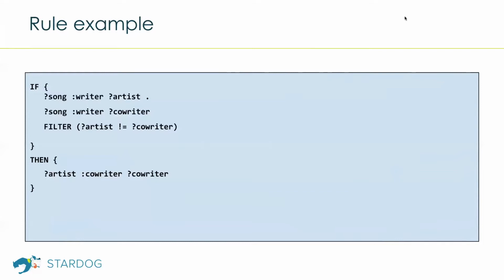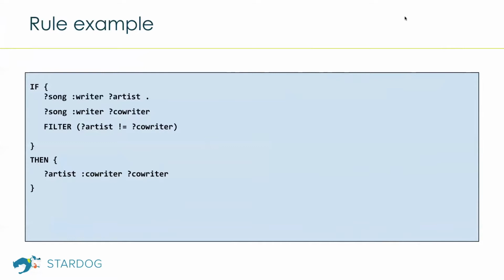I write a block that says if I have some song that's written by some artist, and that same song is also written by the co-writer, I can put my filter in there to make sure they're not the same person. If I have bindings that satisfy that if block, then I can infer that artist and co-writer are co-writers of each other.